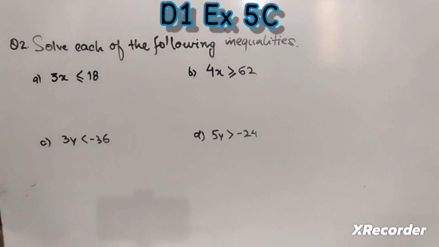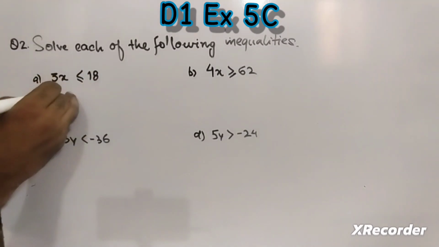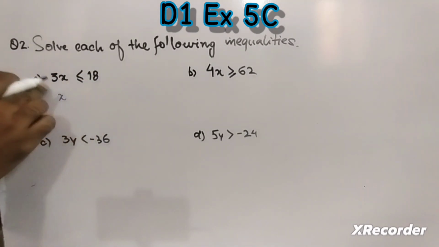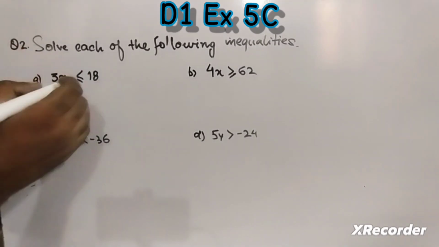Now let's move to question number 2. Solve the following inequalities. First part is 3x is lesser than or equal to 18. So we consider this sign as an equal sign for our ease, and try to solve it. So 3 is multiplied with x, on the other side it will be divided.